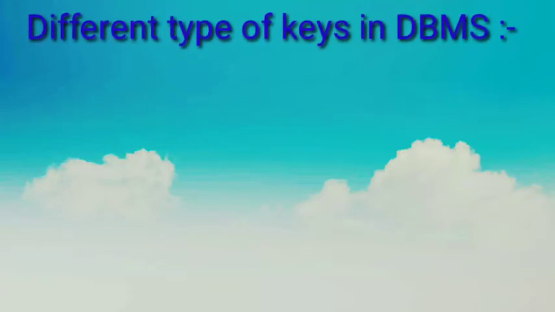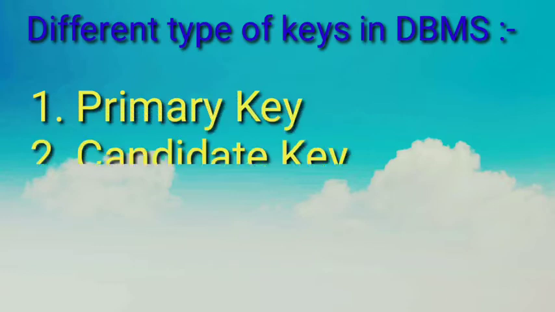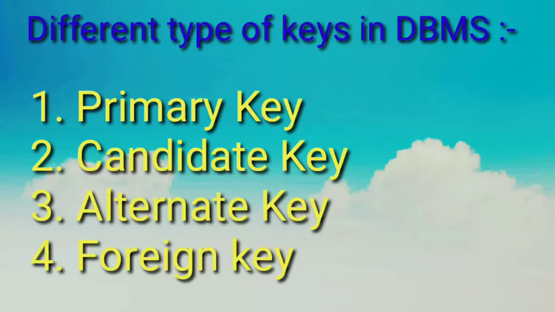Further, keys are divided into different types. So you can see here that the first key is the primary key. The second is the candidate key. Third is the alternate key. Fourth is the foreign key.